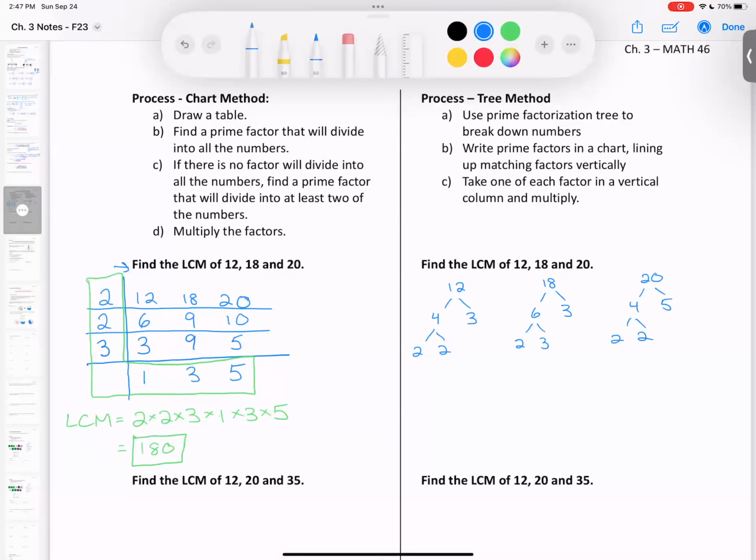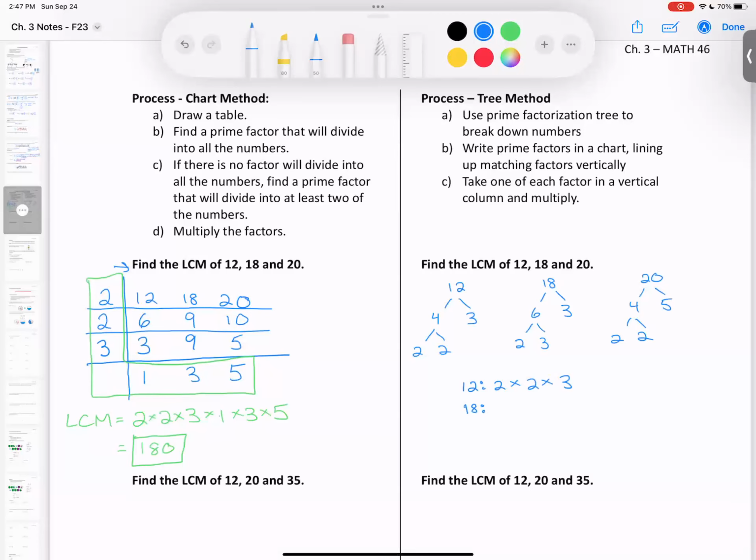So what I'm going to do is a different kind of little chart. I am going to say I found 12. The prime factorization is 2 times 2 times 3. Now I'm going to put my next number down, so 18. My first prime factor listed there is a 2.